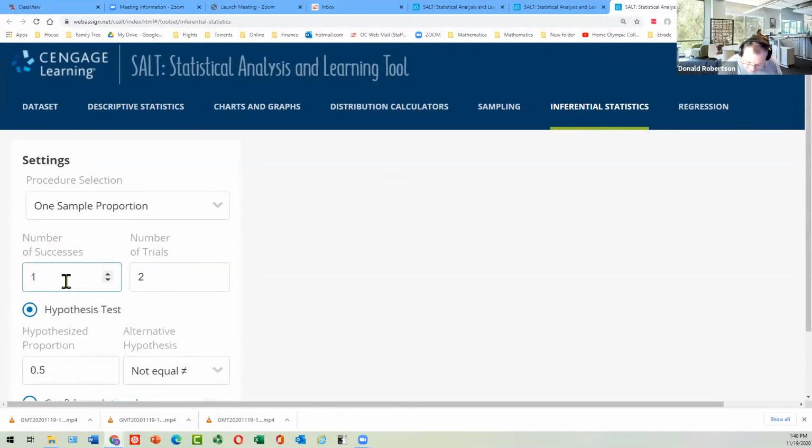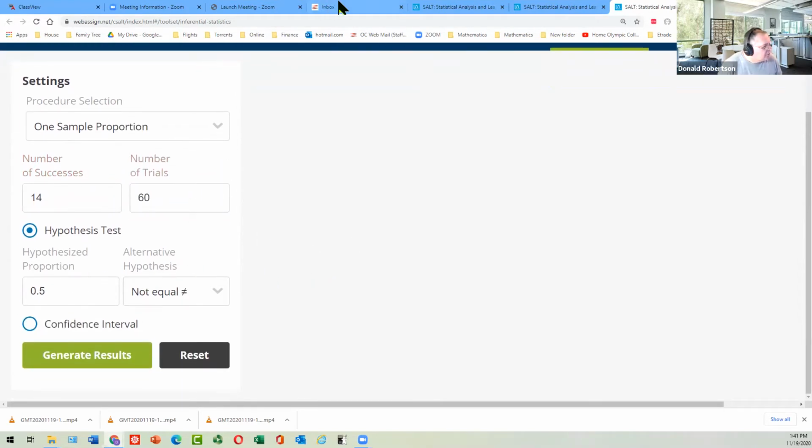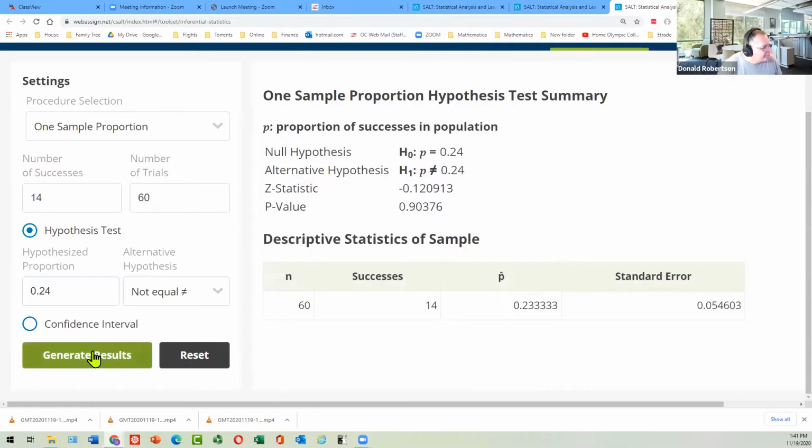Number of successes, 14 out of 60. And we are going to compare it against 24%. Okay. So is it different than 24? Let me check that data.